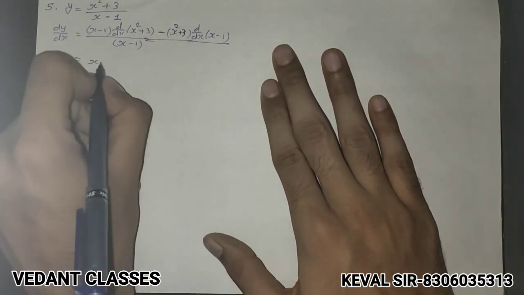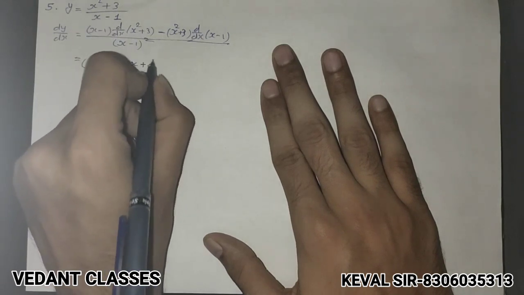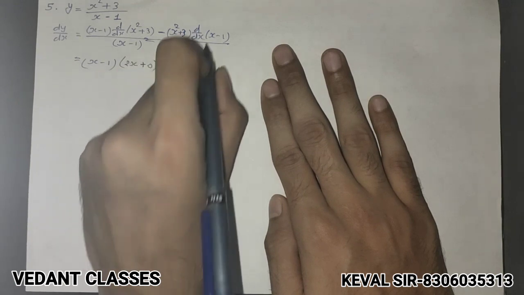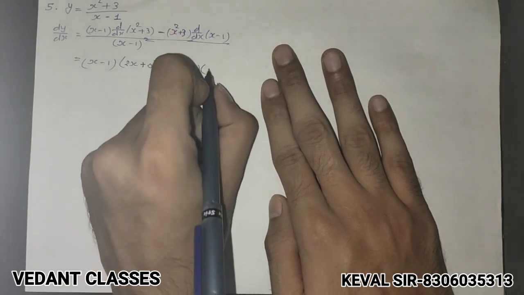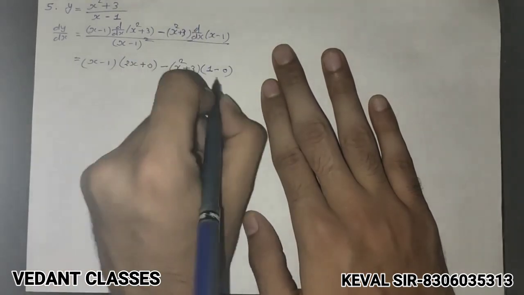So it will be x minus 1 and derivative for this will be 2x plus 0 minus x square plus 3 and derivative for this will be 1 minus 0. X, for x it will be 1 and for 1 it will be 0.